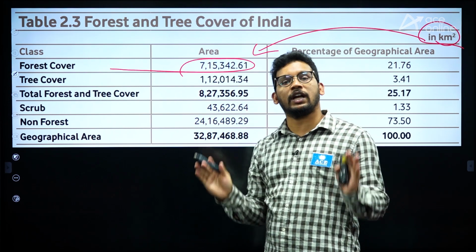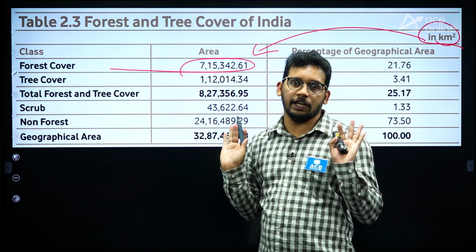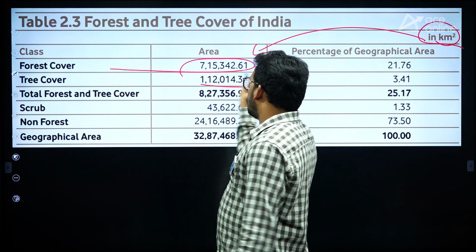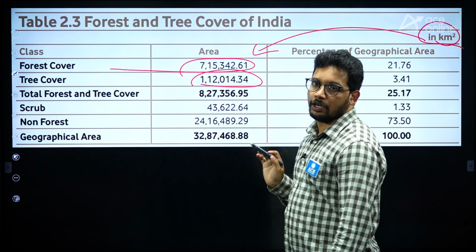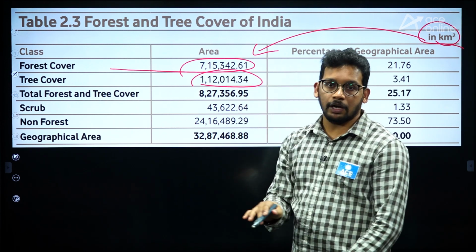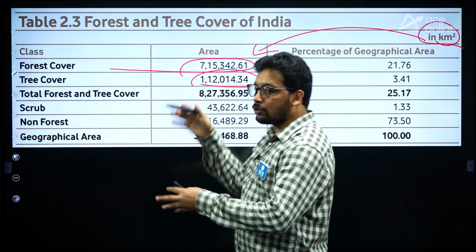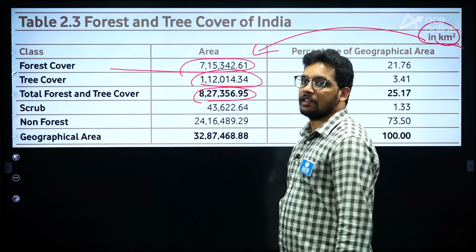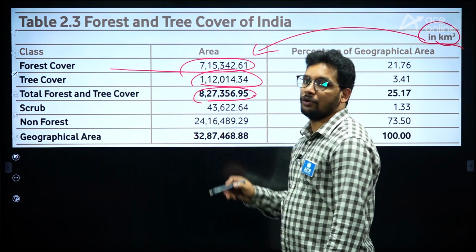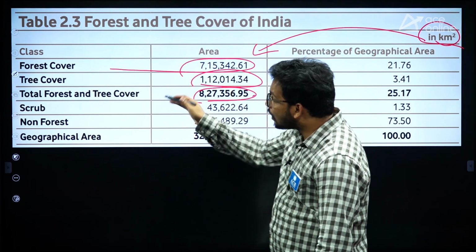Tree cover, that is the tree cover outside of the forest, is 1,12,014.34. If we add them together, forest cover plus tree cover is 8,27,356.95.